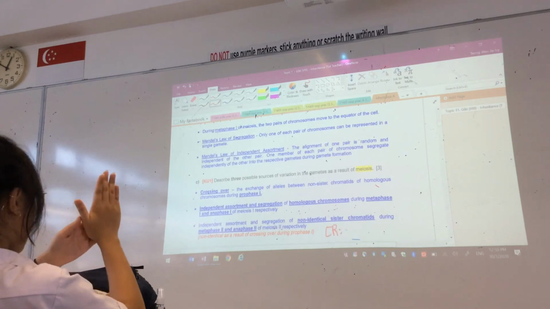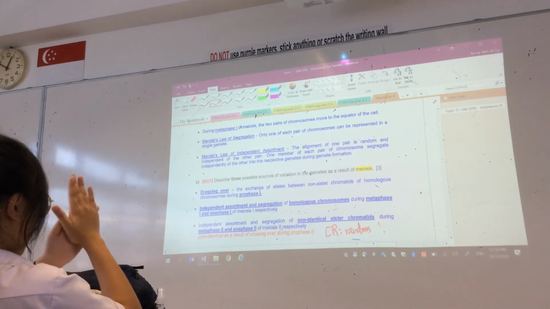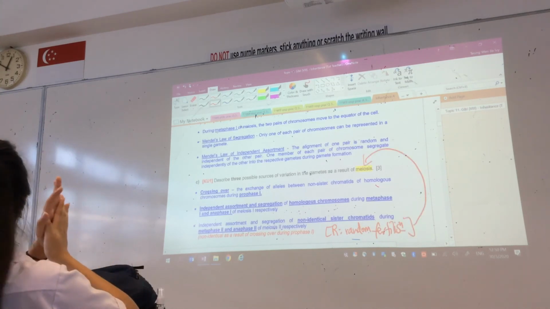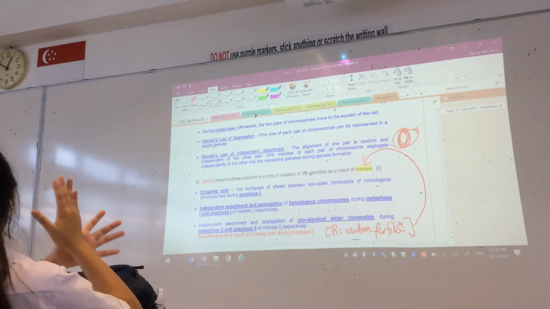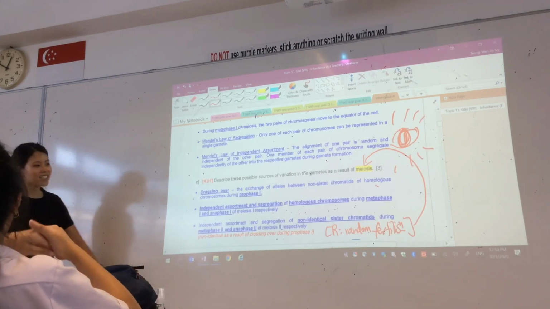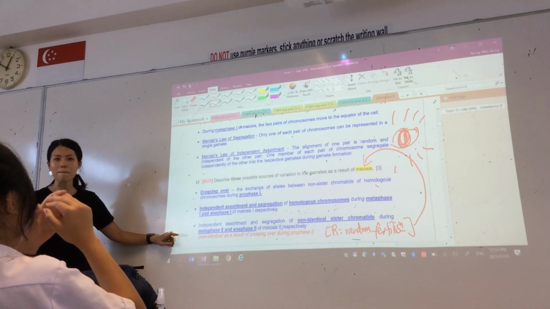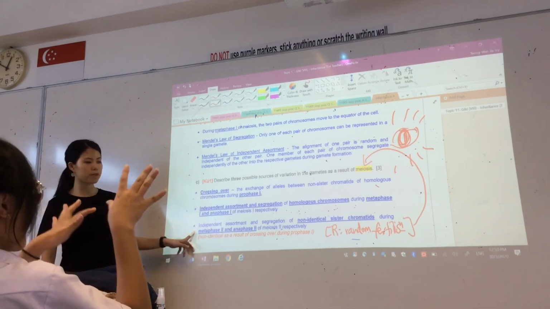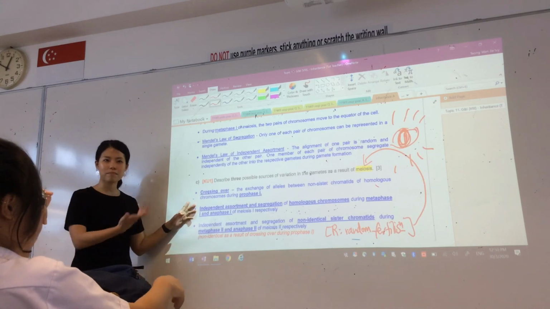Random fertilization is not part of the meiosis process, so it will be rejected. Only these 3 processes are part of meiosis.